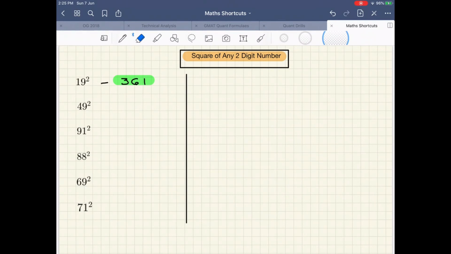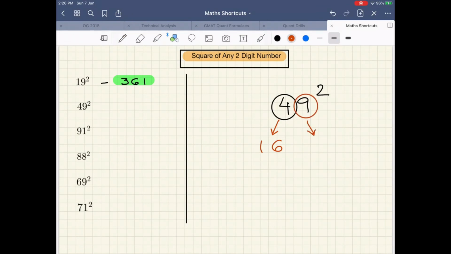The next question, 49 square. So firstly, 4 square is 16, 9 square 81, sorry, then we have 9 4s are 36, 36 2s are 72.